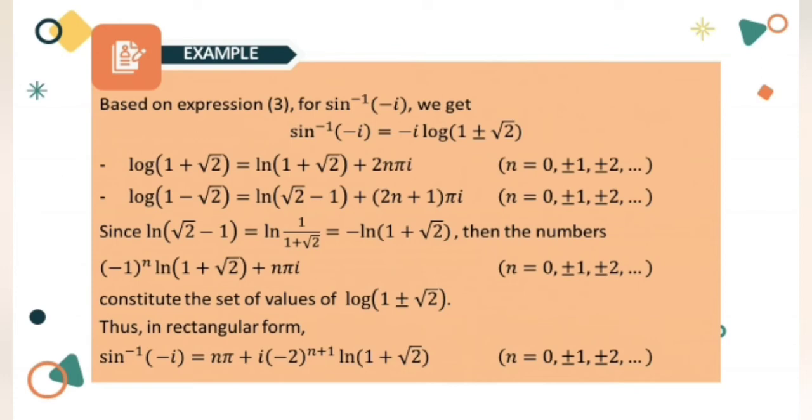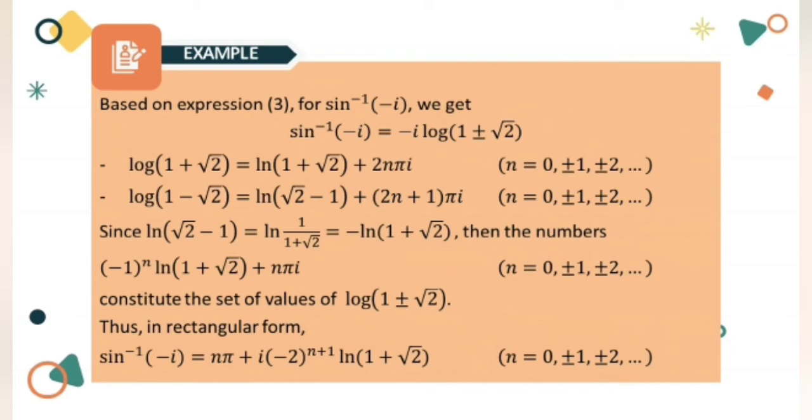Since ln of square root 2 minus 1 equals ln of 1 over 1 plus square root 2, which equals negative ln of 1 plus square root 2, the numbers negative 1 to the power n times ln of 1 plus square root 2 plus n pi i, where n equals 0, plus minus 1, plus minus 2, and so on, constitute the set of values of log of 1 plus minus square root 2.